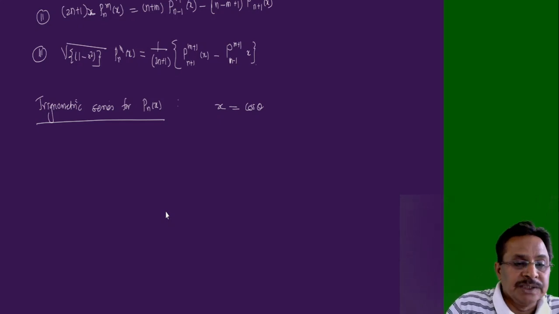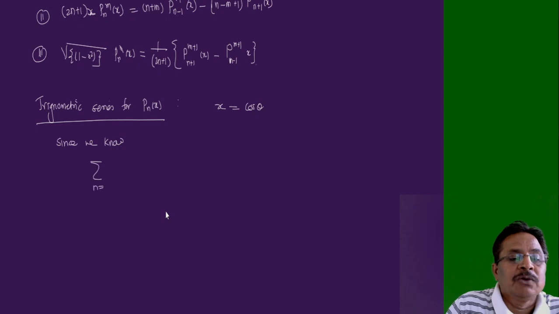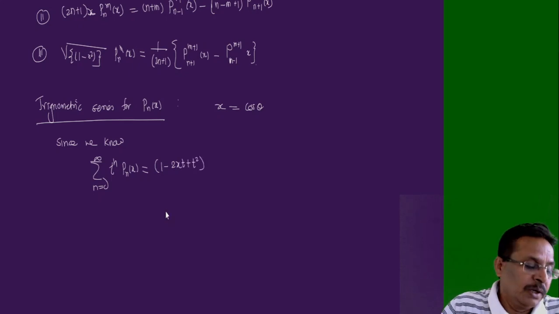Now since we know, we have seen this property, summation over n equal to 0 to infinity of t raised to n into P_n of x is equal to (1 minus twice xt plus t square) raised to minus half.